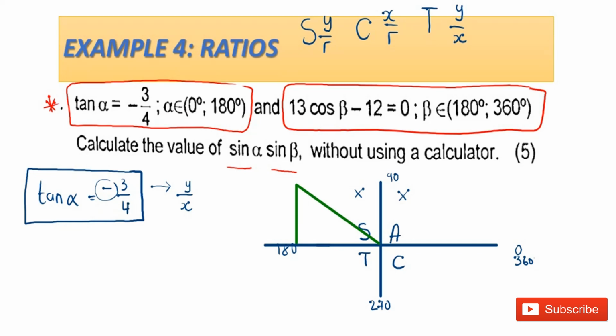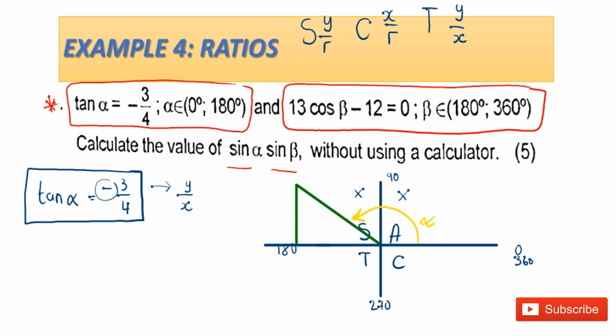Okay, so your angle is measured from the positive x-axis to there. That is our angle alpha, right? And we are told that y is equal to 3, but we need to decide, is the y negative or positive? We'll see.